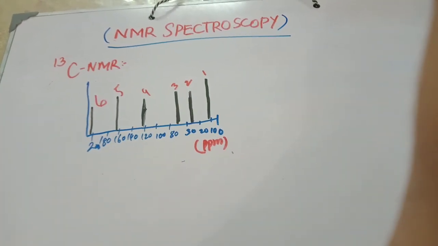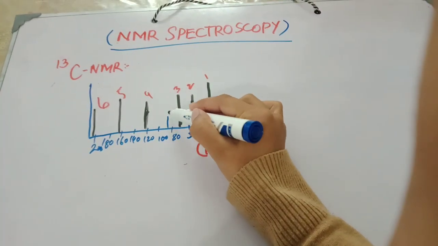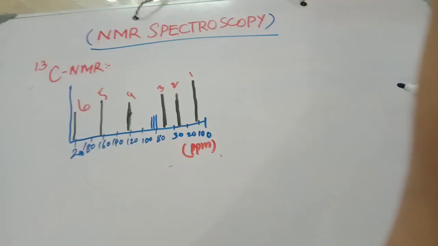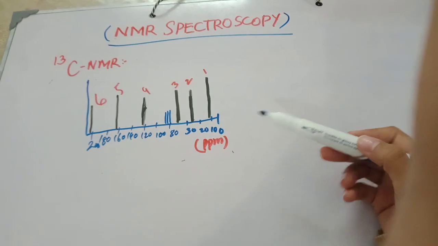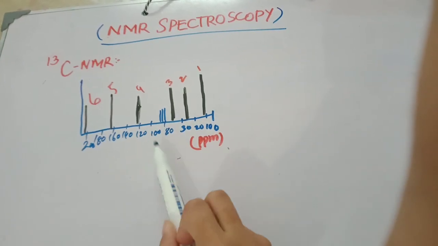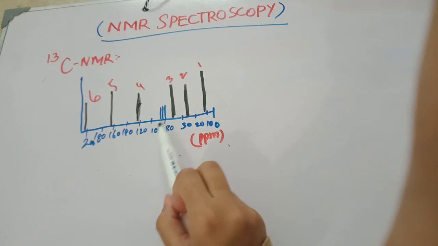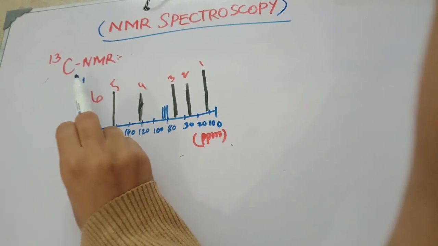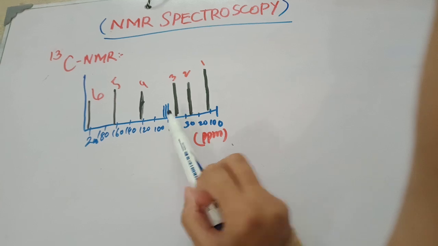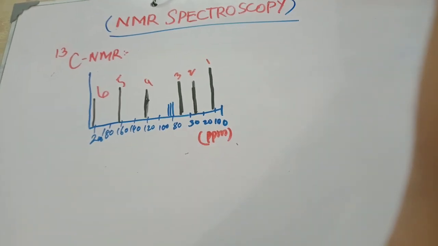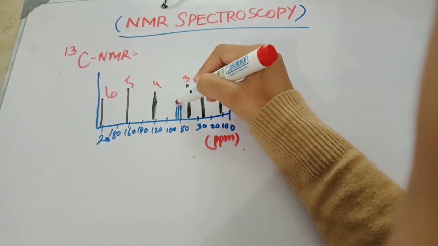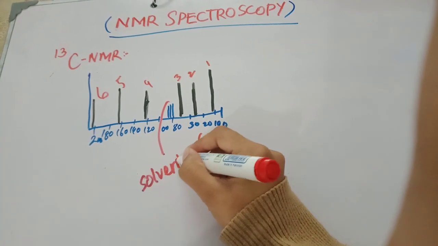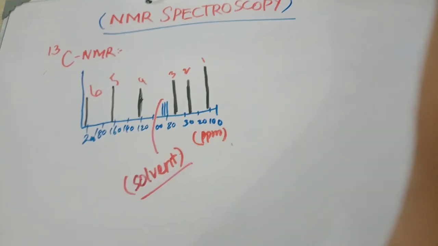One thing to remember: at about 80, you will see a kind of 3 peaks. As I explained in the previous video, you have to neglect these peaks present at 80 ppm in carbon 13 NMR, because these peaks belong to the solvent. They are of no use in predicting the compound.